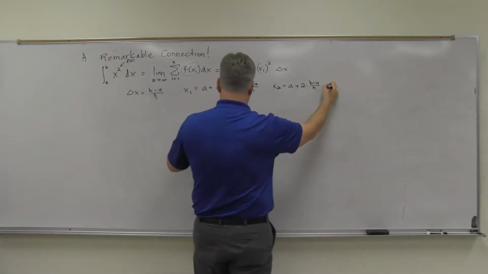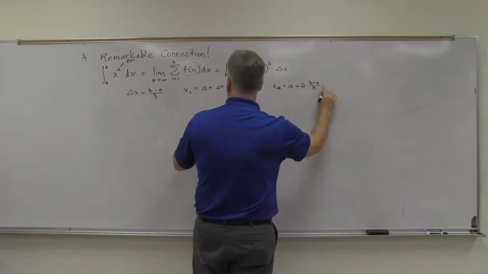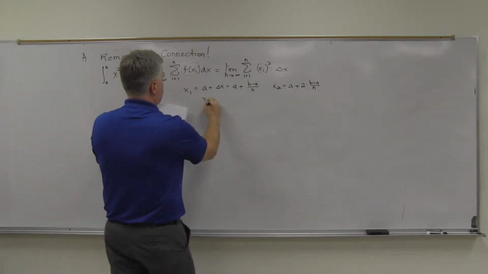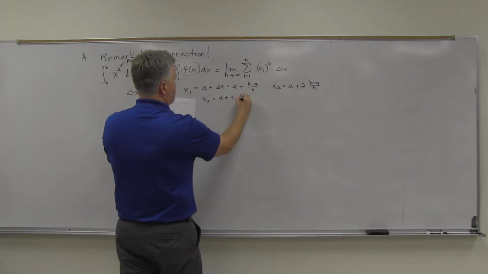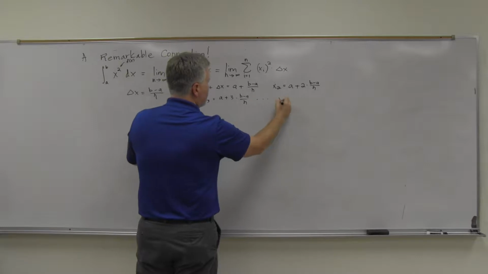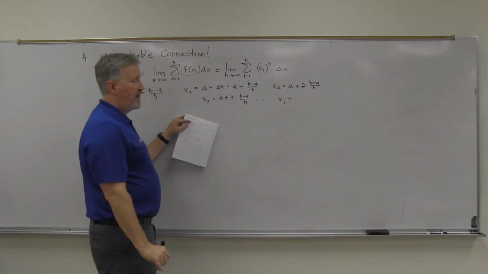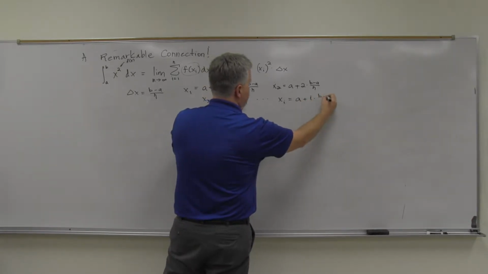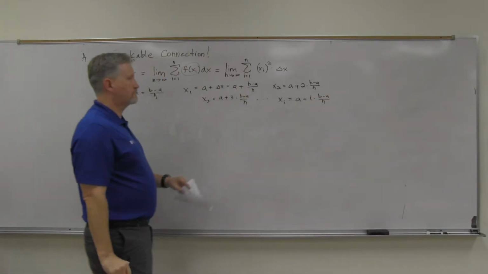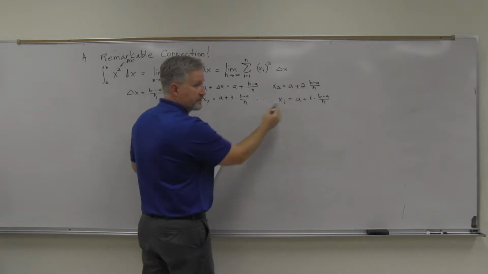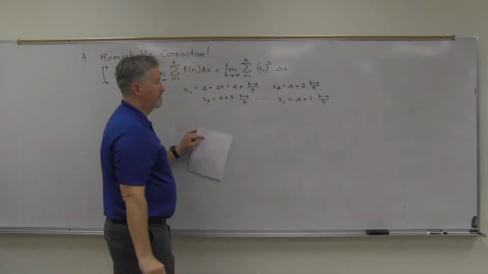And then x sub 3 is a plus 3 times b minus a over n, because you're just going to add another b minus a over n to that. So I think we can get the point here: x sub i is going to be a plus i times b minus a over n. All right? Because x sub 2 is a plus 2 times b minus a over n, x sub 3 is a plus 3 times that. That's not that big of a jump, right?